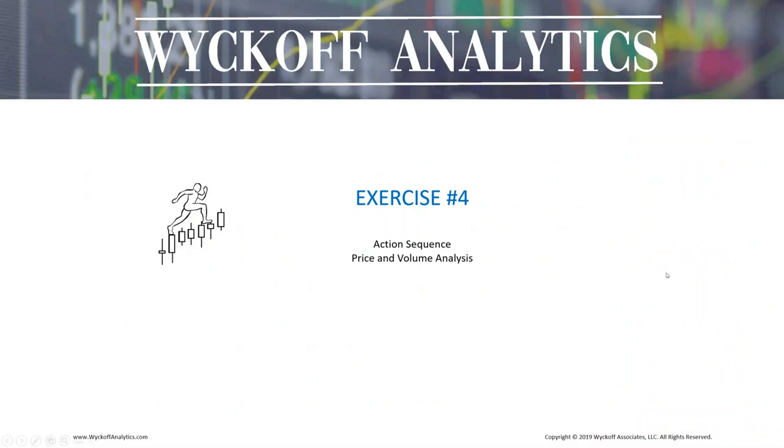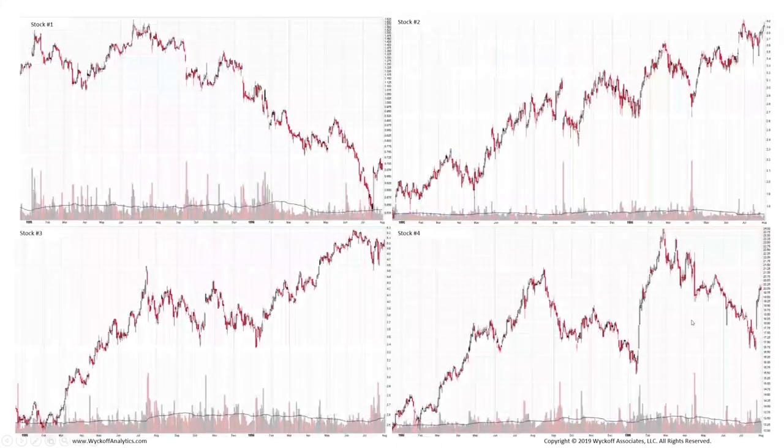This action sequence is going to be on the selection and also on the price and volume analysis. I'm presenting you 4 stocks, 4 selections. I'm going to give you some time to think about these 4 stocks. I want you to analyze them.